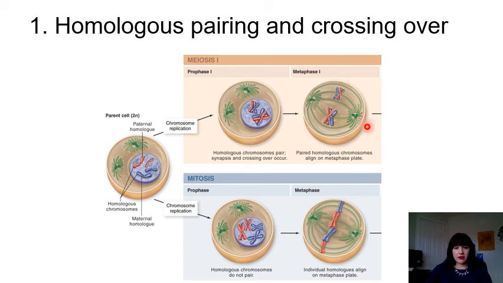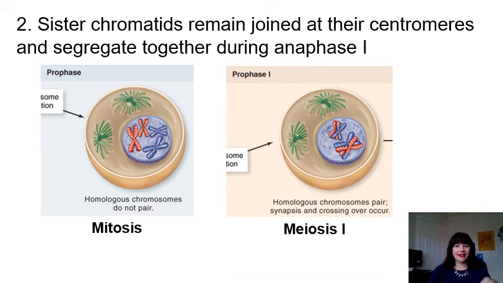During metaphase 1 in meiosis, they're not lining up separately, they're staying stuck together. They are really close friends, saying, no, I will never leave you. That proximity allows for crossing over or recombination to occur in meiosis, which does not happen in mitosis. And during anaphase 1, they are going to segregate together.